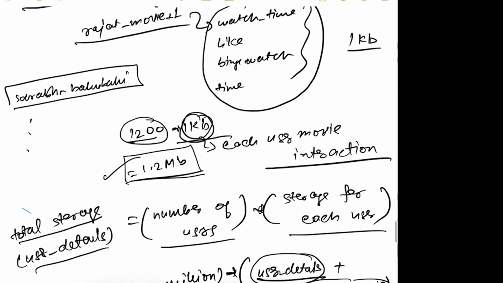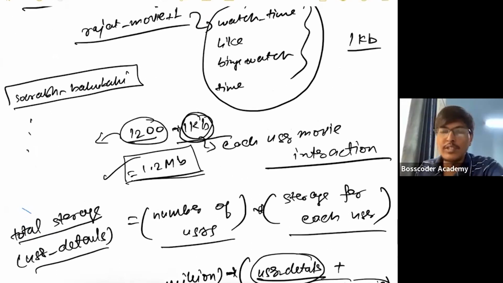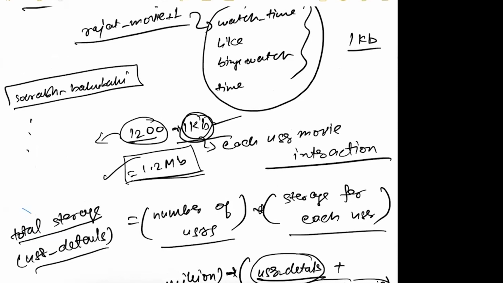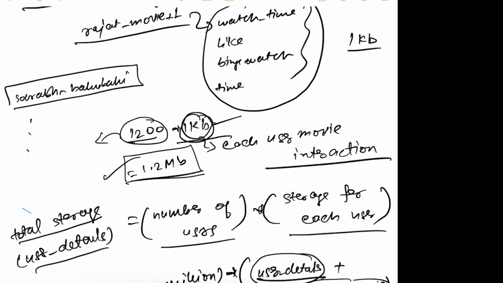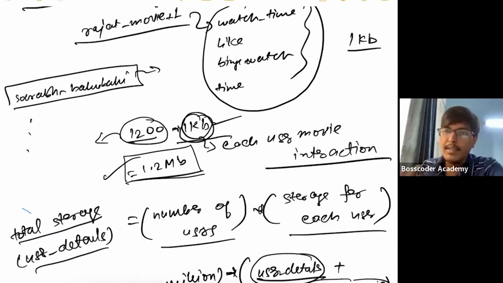So there are 1200 movies a user is watching in lifetime, right? Yes, sir. And for each movie, you're storing the interaction in 1 KB of information, right? Yes, sir. Right. So Saurabh's Bahubali will take 1 KB of storage, and there are 1200 movies in total.